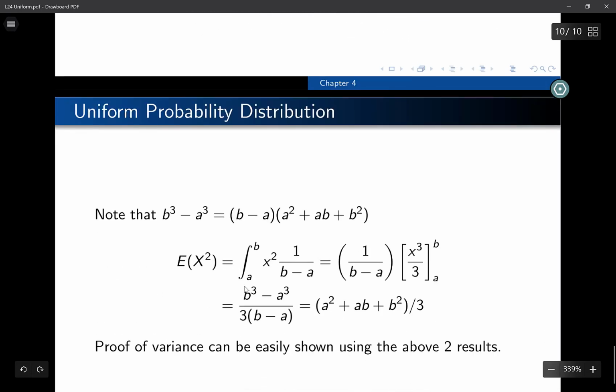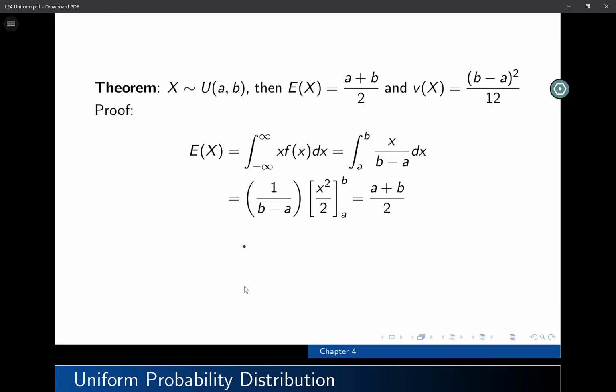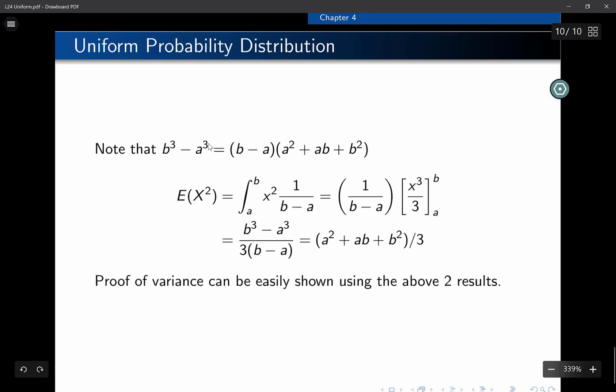So for variance, we know that variance is the expectation of x squared minus the mean whole squared. We know the mean is this. So we next calculate the expectation of x squared. Again, the integral from A to B of x squared times the density. So you get this form. You basically get b cubed minus a cubed divided by 3 times b minus a. b cubed minus a cubed can be expanded in this form, okay?